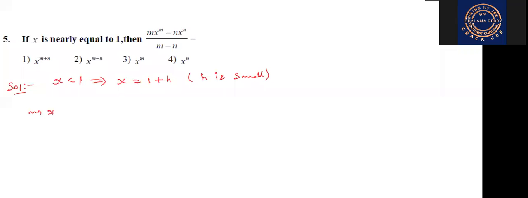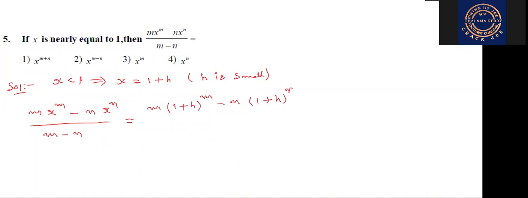Okay, so see the problem they have given: (m x power m minus n x power n) divided by (m minus n). In place of x, write 1 plus h. m into (1 plus h) whole power m expansion minus n into (1 plus h) whole power n, divided by (m minus n).